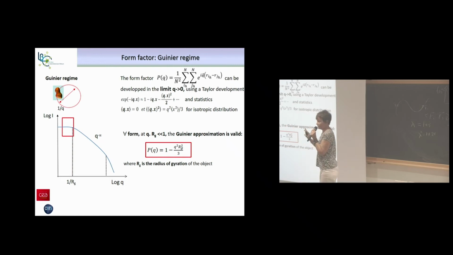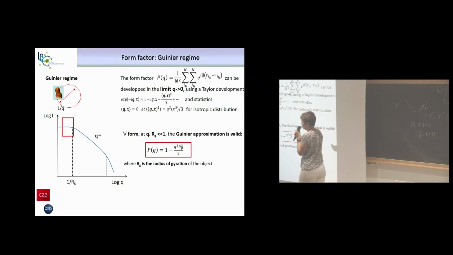The only condition is to be at low Q value, because you can develop this equation at low Q. And this is the Guinier approximation. The form factor is equal to 1 minus Q squared Rg squared divided by 3.